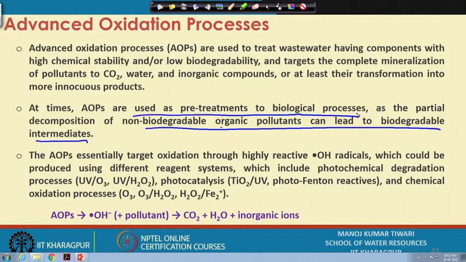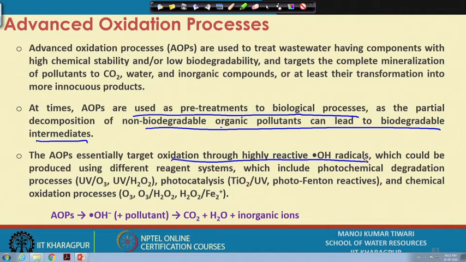Ozonation does some initial oxidation, and as a result those non-biodegradable compounds convert to biodegradable ones. So we may see that the COD is reduced, but a large part of the COD has been converted to BOD. We might in fact see an increase in the BOD in such cases. That is how the advanced oxidation process works.